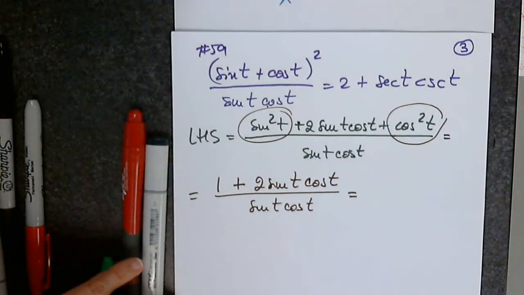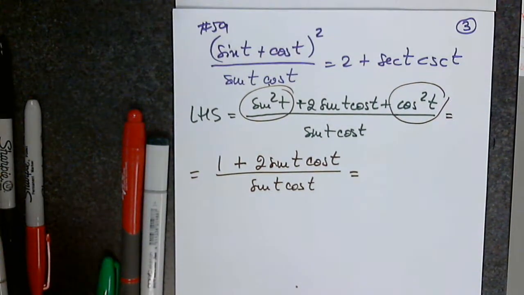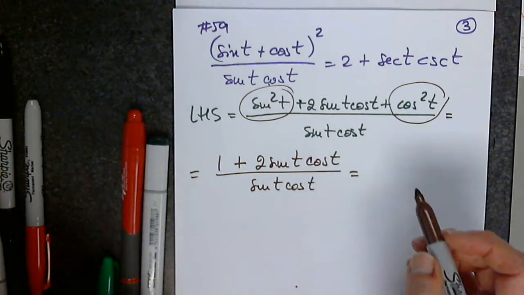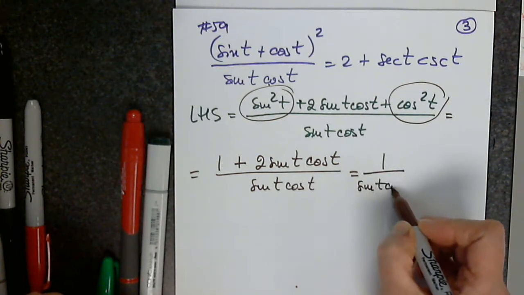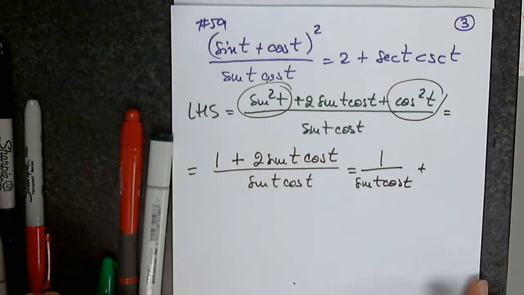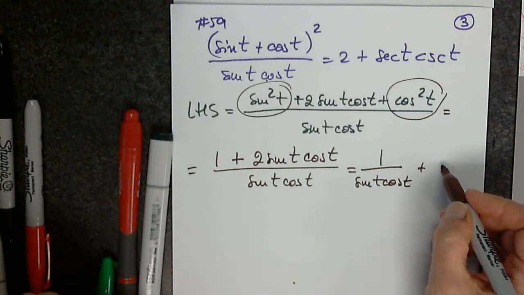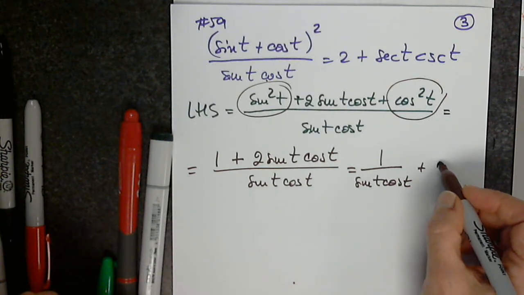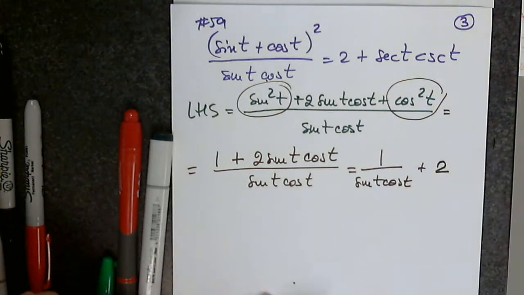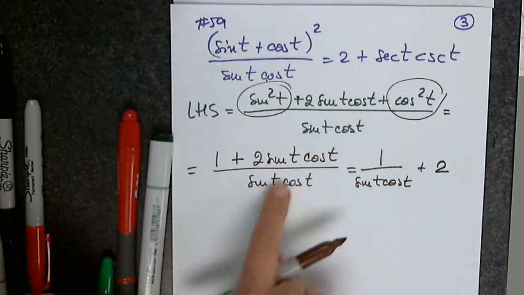I'll split it into 1 over sine t cosine t, plus 2 sine t cosine t over sine t cosine t, which is 2. The sine and cosine cancel.